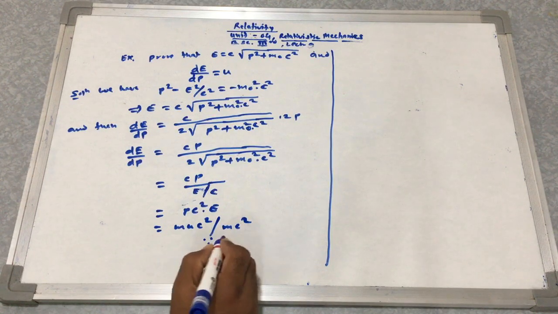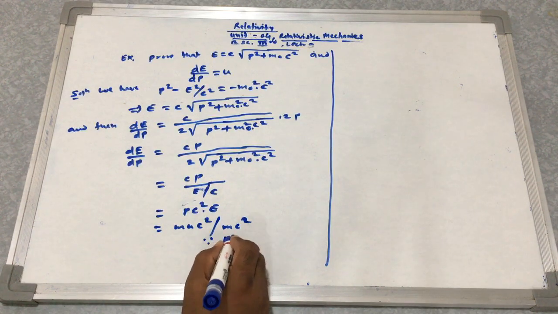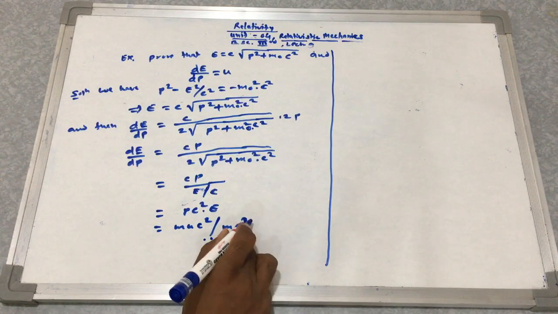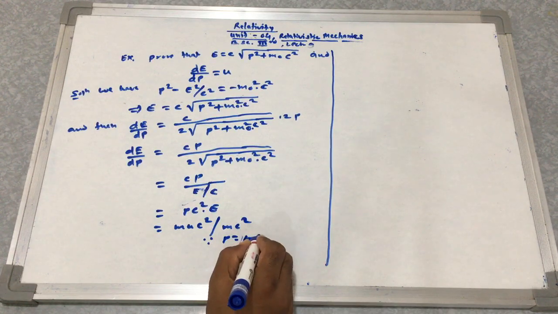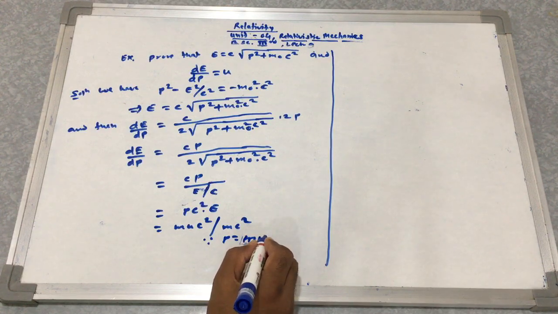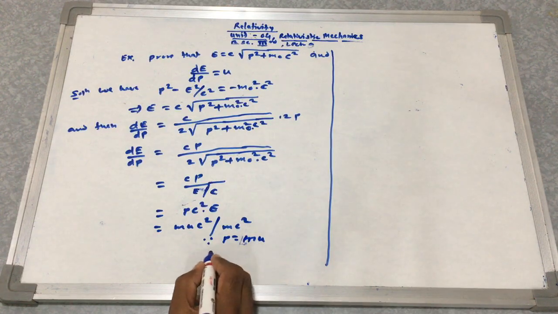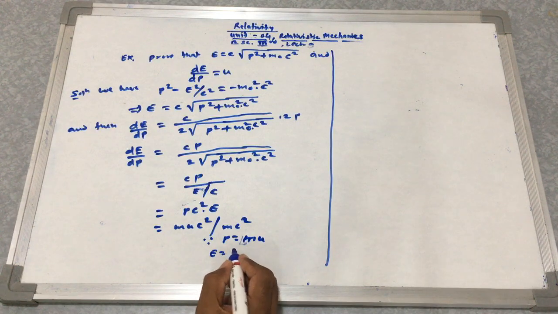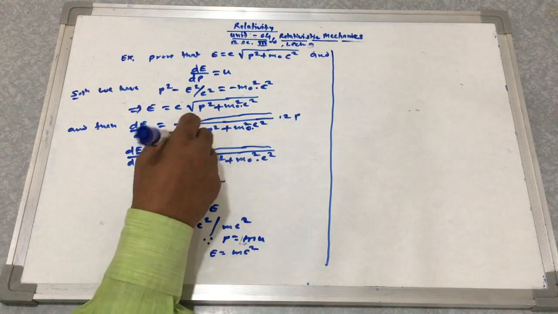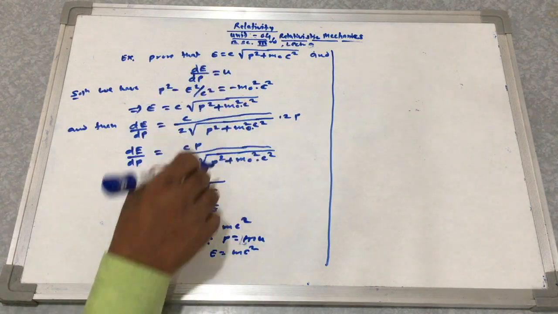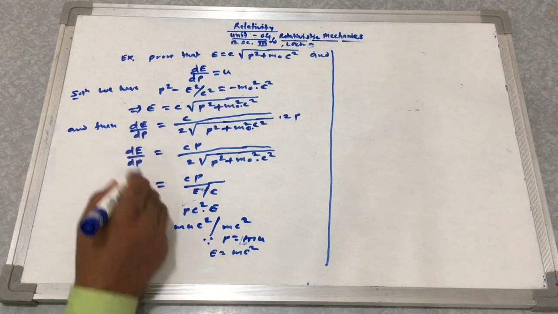So P is equal to m u and E is equal to m c square. Do you understand this?